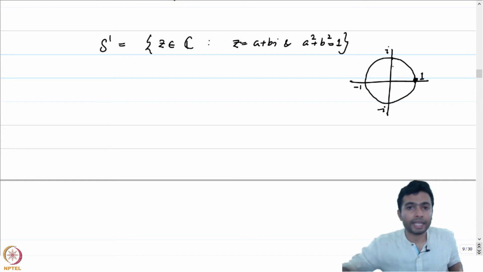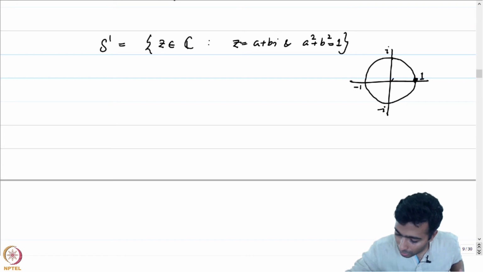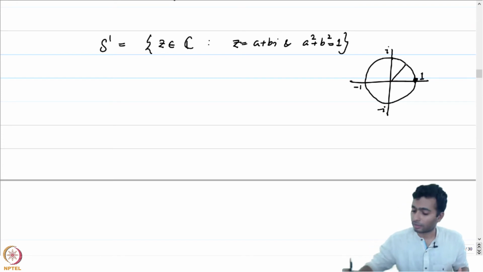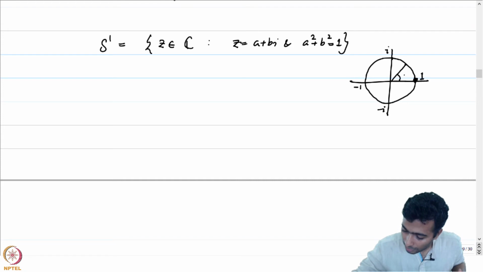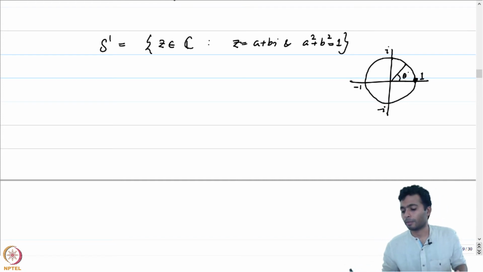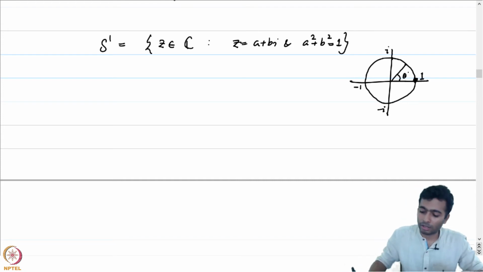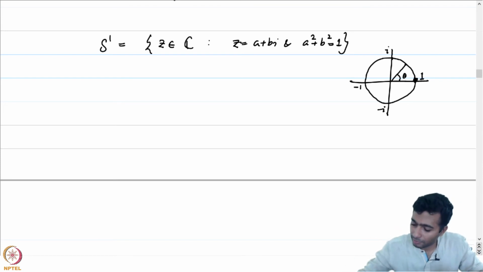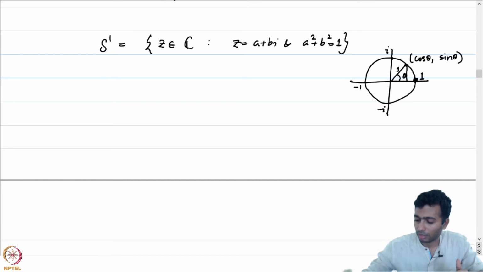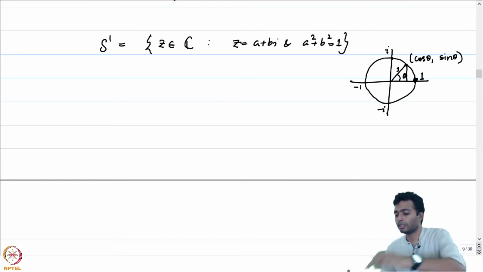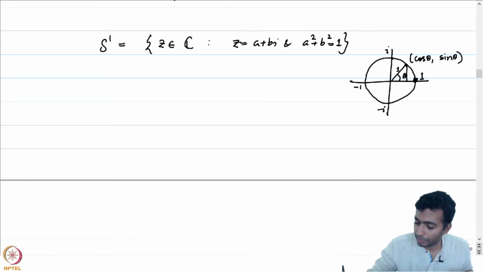And if you look at any element on the unit circle, then we can talk about an angle theta of the point with the line joining 0 and 1. This will be of length 1, and hence we know from basic trigonometry that this point will have y coordinate sine theta and x coordinate cos theta. So this will be the coordinates of the point here. It will be the same here as well.